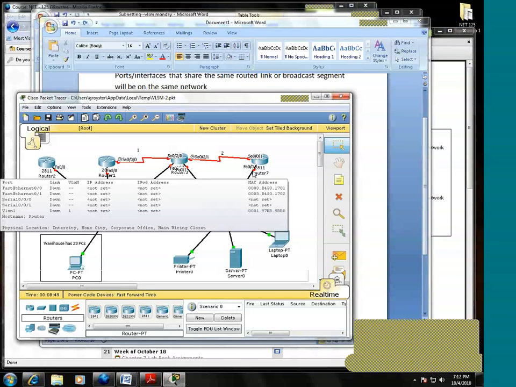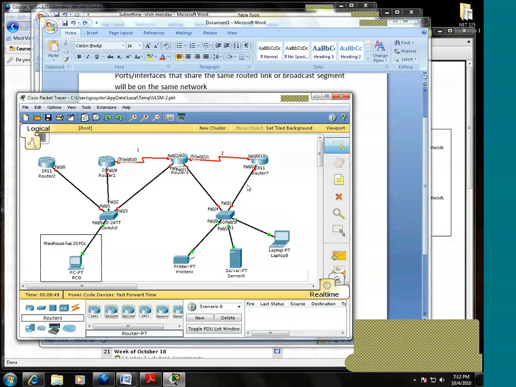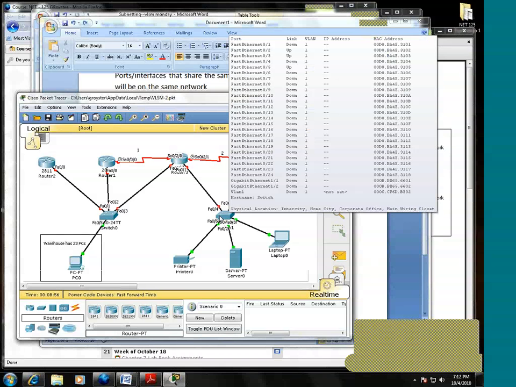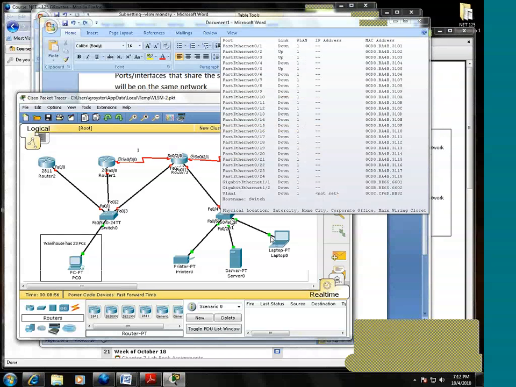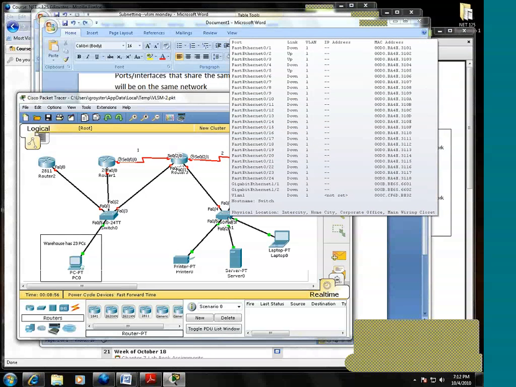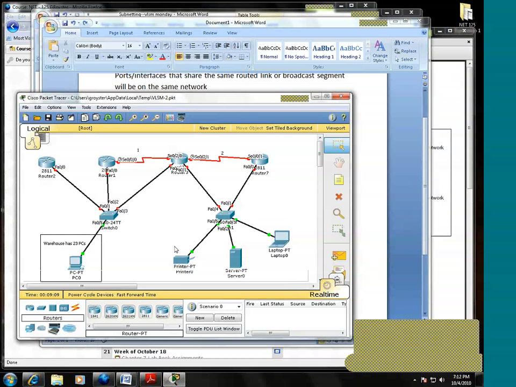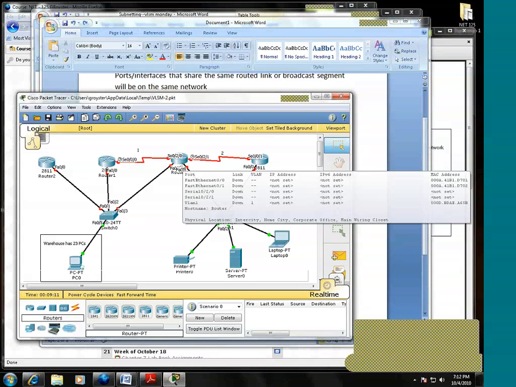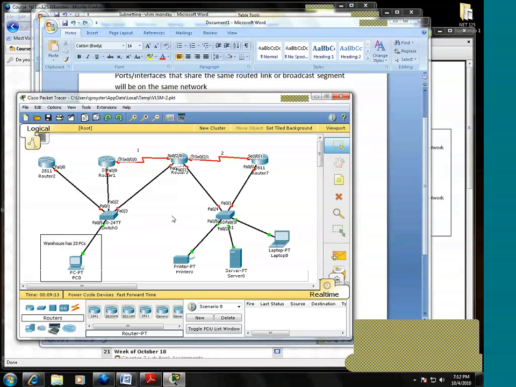If I were to ping 255.255.255.255, the ping will leave the router, go down this link, go to the switch, and the switch will send it where? Oh, it'll send it to the laptop, the server, the printer, and this router, right? It's going to everything because switches don't break up broadcasts.